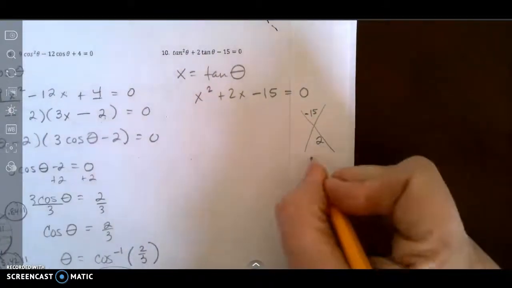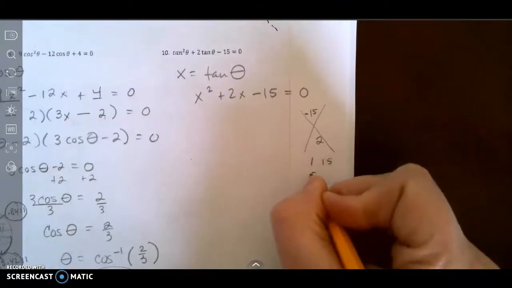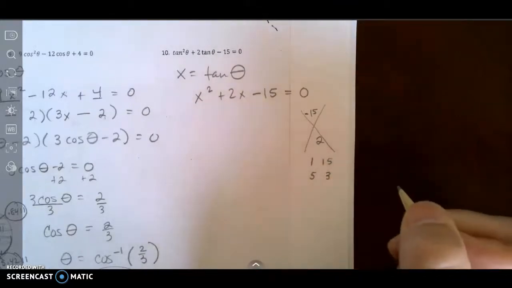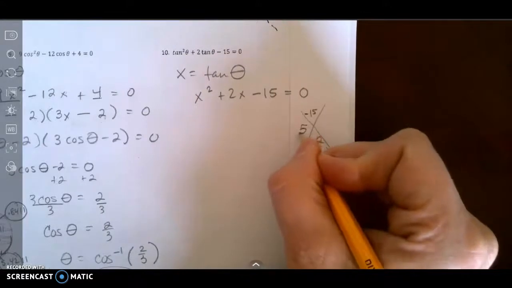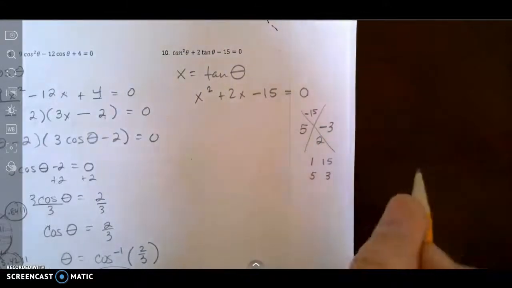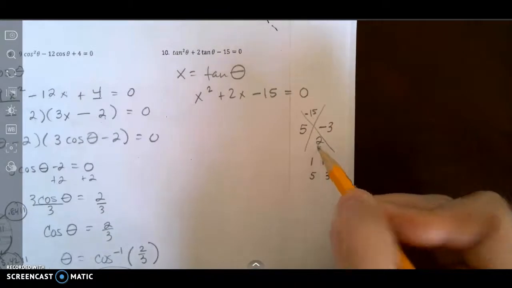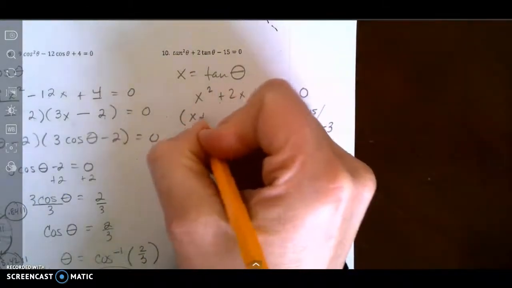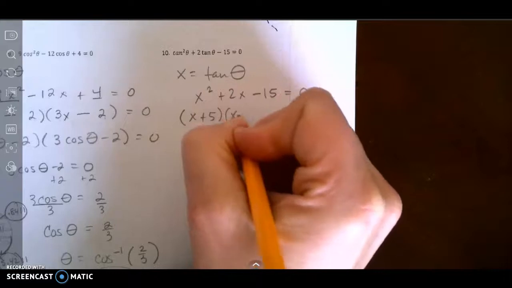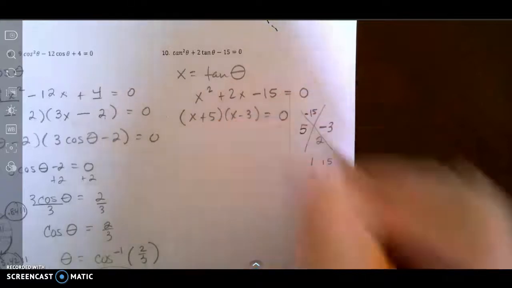I know that I have 1 and 15 and 5 and 3. I could do 5 and -3. That would give me a product of -15 and a sum of 2. So my factors are x plus 5 and x minus 3.